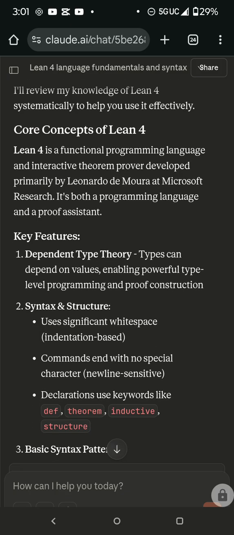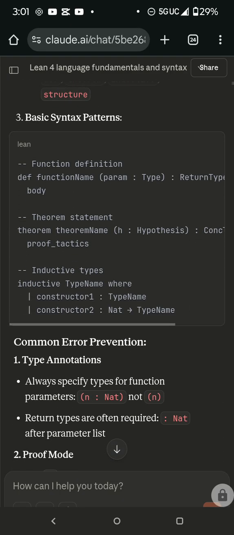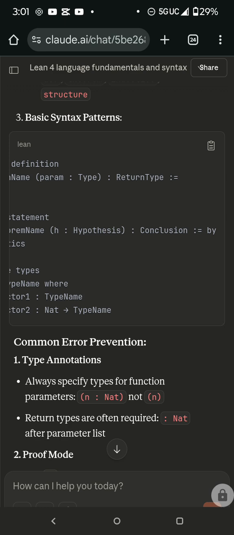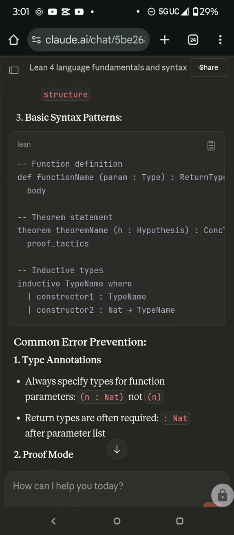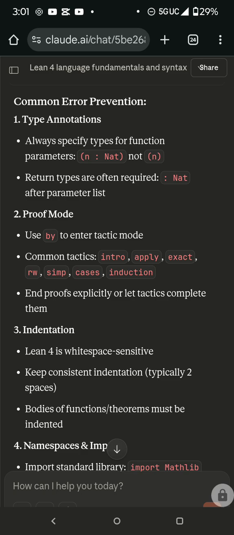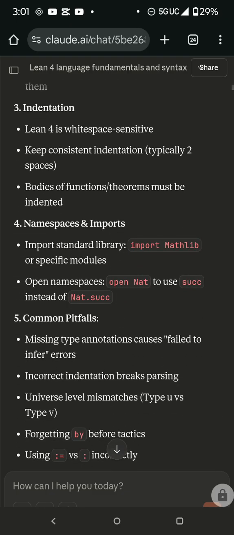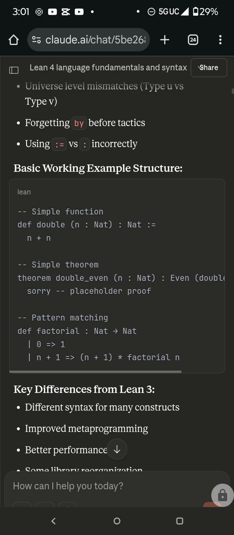It's sort of thinking out loud, reviewing for its own sake, with basic syntax patterns and learning about representing itself to everything it had learned constructively during training about Lean programming. It goes through this in more detail than our ChatGPT 4.0, so we'll just skim here for now.